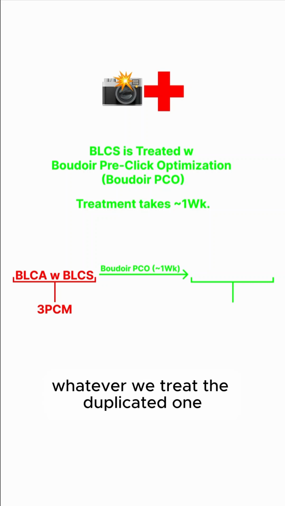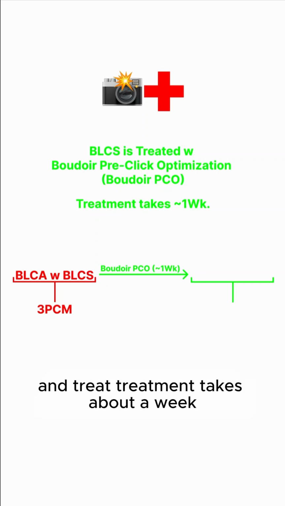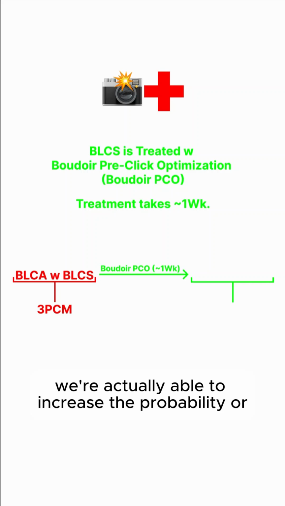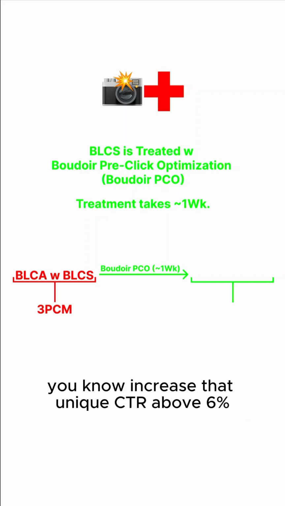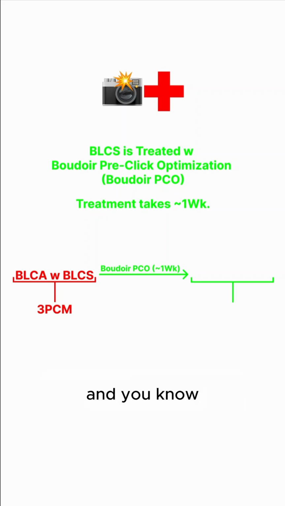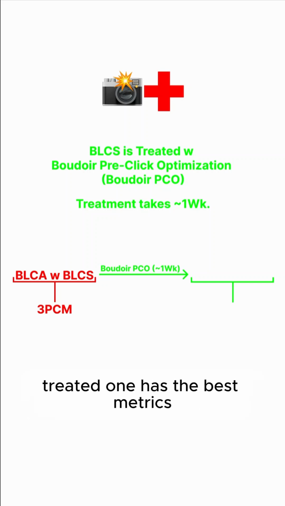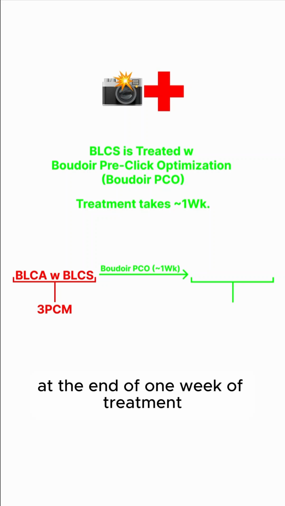We treat the duplicated one, and we're able to increase that unique CTR above 6%, and we keep whichever one has the best metrics. It's always been the Boudoir Pico treated one that has the best metrics at the end of about 1 week of treatment.